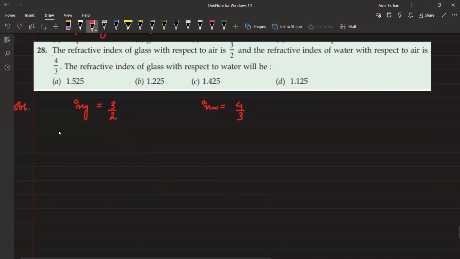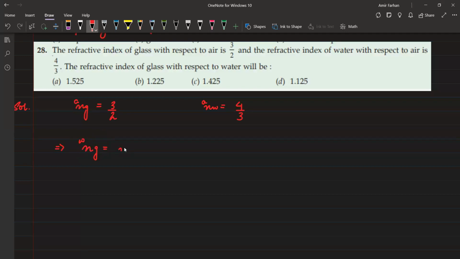As you can see, the refractive index of glass is 3/2. I need the refractive index of glass with respect to water.